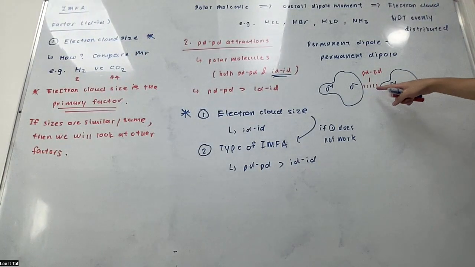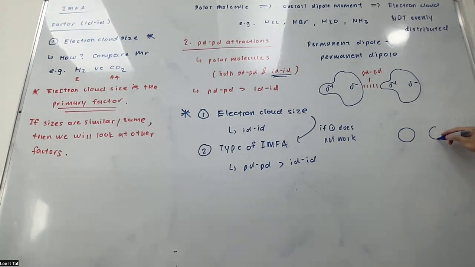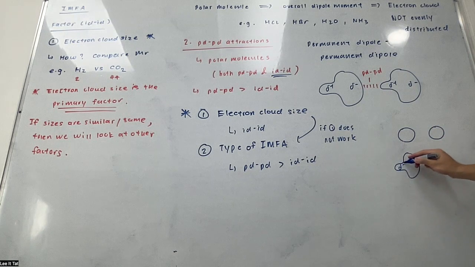ID. It's the exact same thing, but it's labeled as ID instead. Because if you realize, ID didn't start off like that. ID was initially very symmetrical. And then at any one point in time, it will be distorted like this. The other molecule will also be distorted.